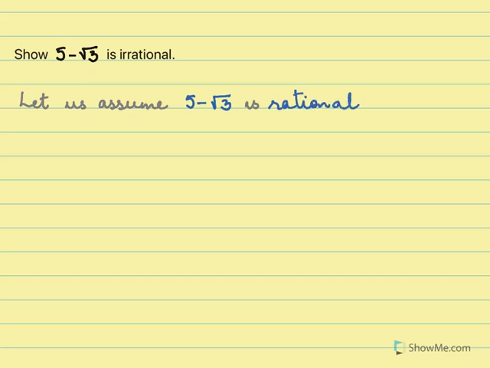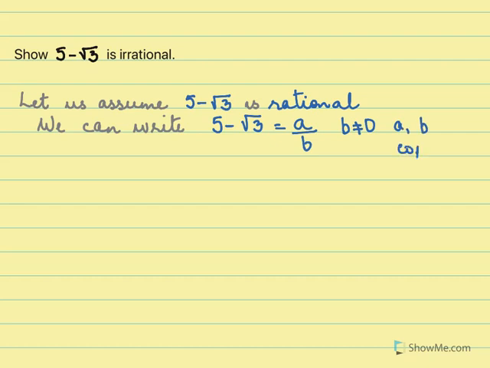Now if it is rational, we can write 5 minus √3 as a over b, where a and b are integers, b is not equal to 0, and a and b are co-prime. So now I have 5 minus √3 equal to a over b. Now I'm just going to rearrange and I get 5 minus a over b equal to √3.